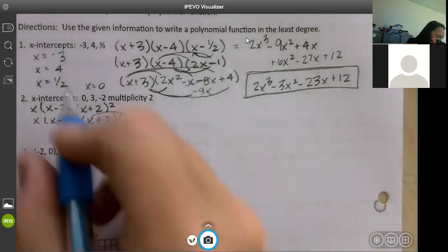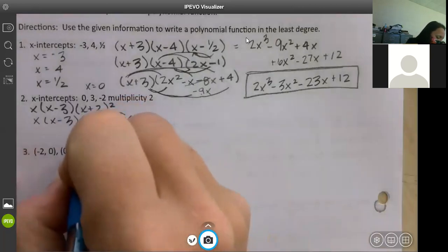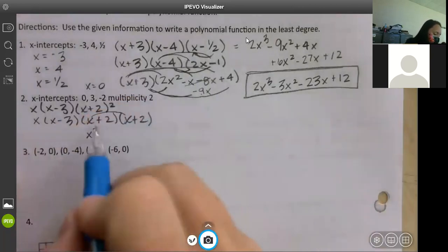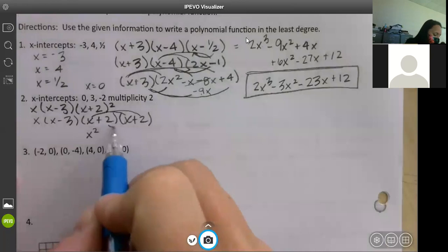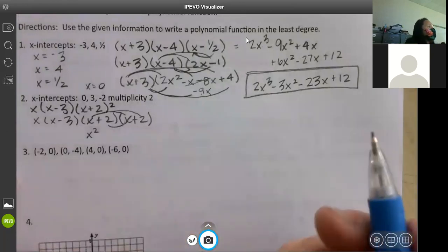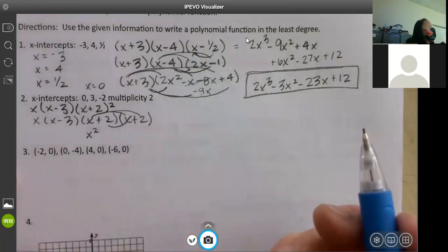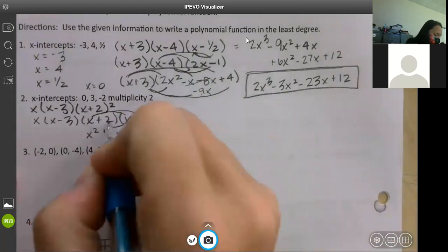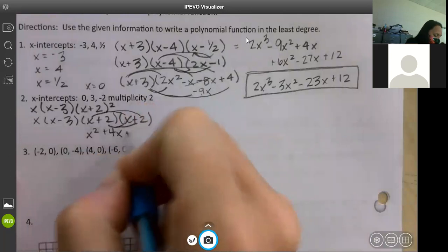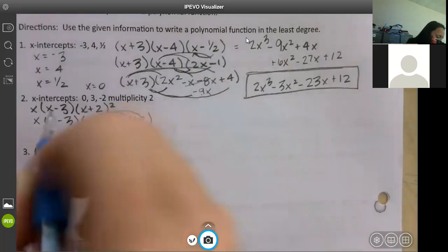X times x. I'm going to do this at the same time. X times 2, 2x. 2 times x. 2 plus 2 is 4x. And then 2 times 2 on the end would be 4.